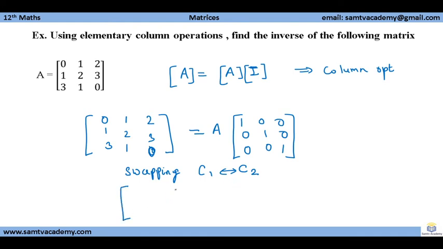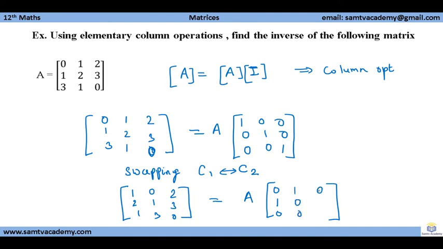What do we get here? We get 1, 2, 1, 0, 1, 3 and 2, 3, 0. The last column is written as it is. Same step we have to do on the right hand side also. So we will interchange C1 and C2. So the first column will become 0, 1, 0 and this will become 1, 0, 0. The last is as it is.